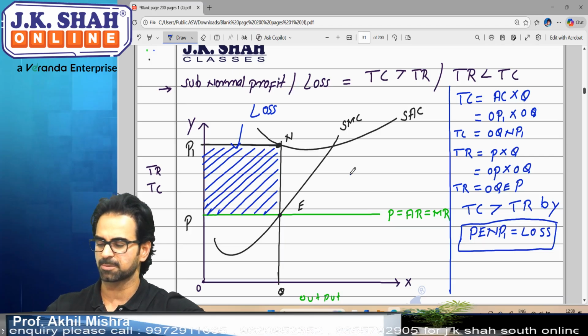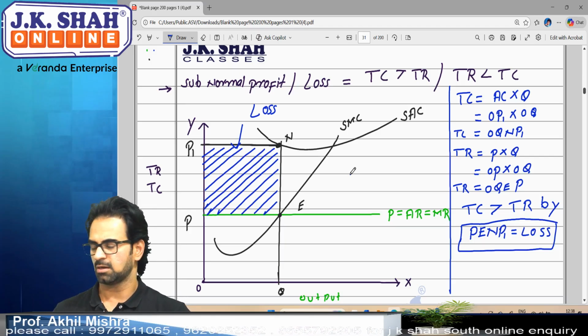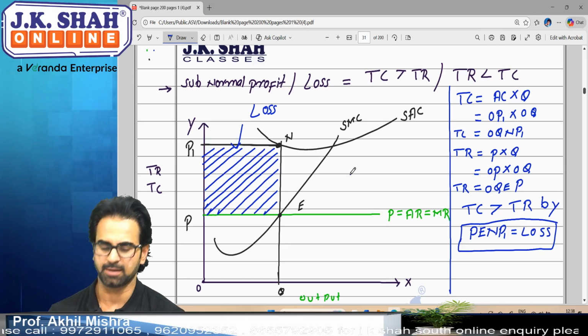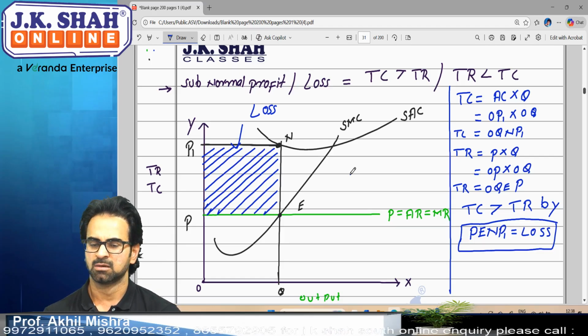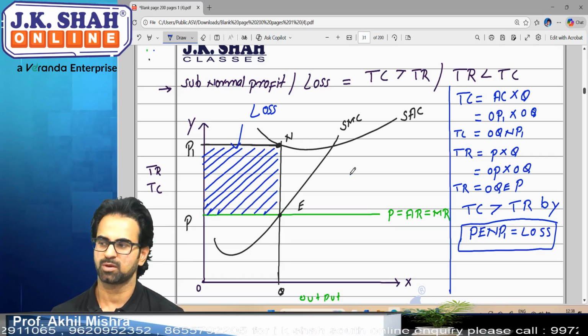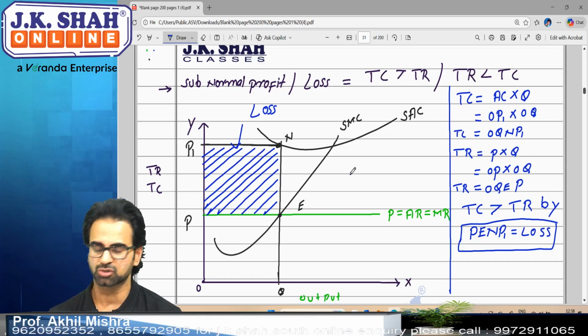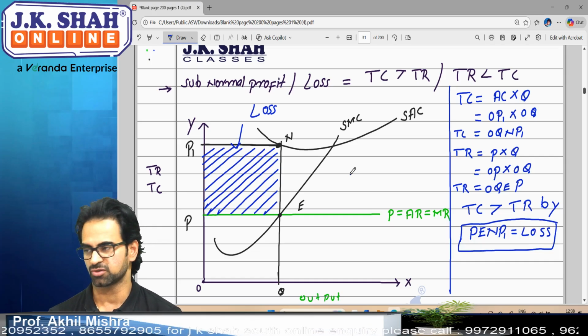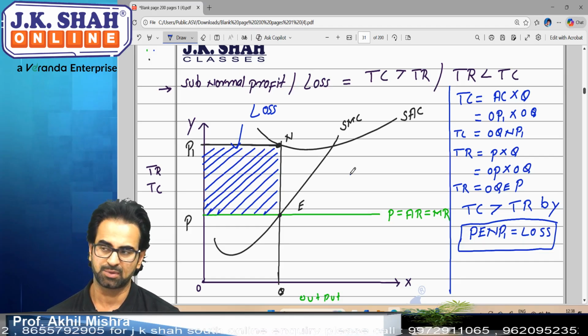Now I want to tell you something here in the monopoly market. It again comes to three situations. In a PC market, we have three situations in the short run. What was that? You can make supernormal profit in the short run, you can make a loss in the short run, or normal profit in the short run. But in the long run, in the PC market, you can only have a normal profit.